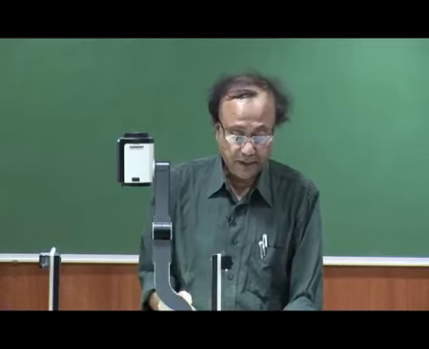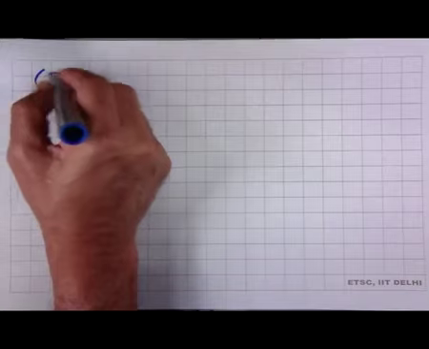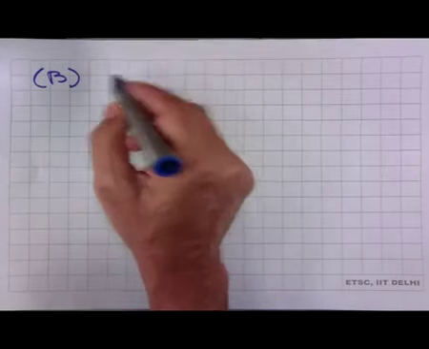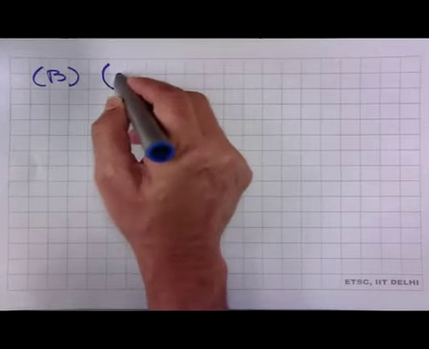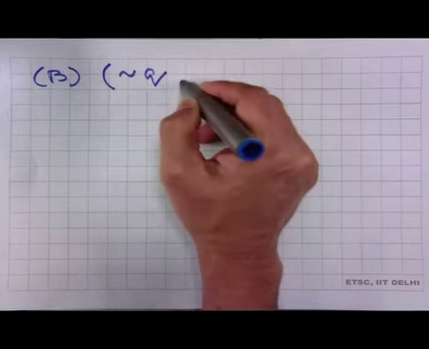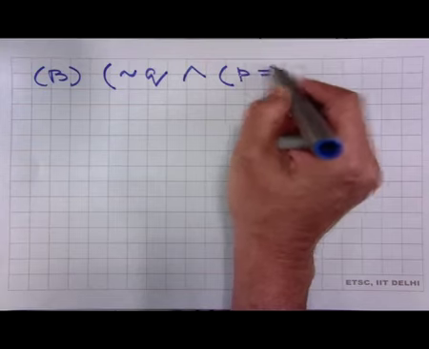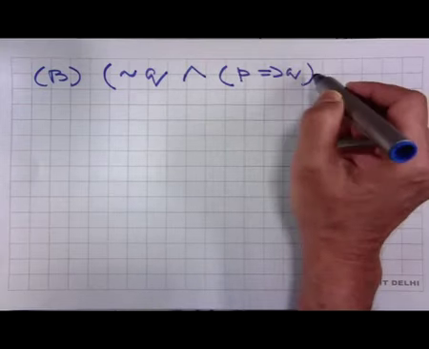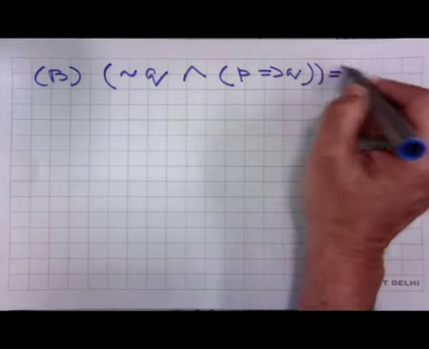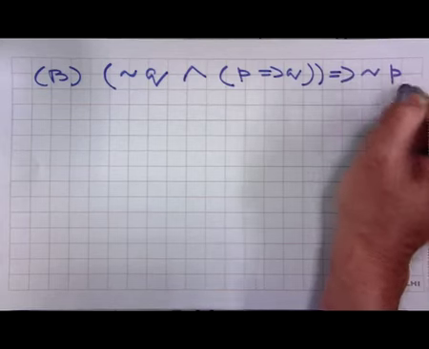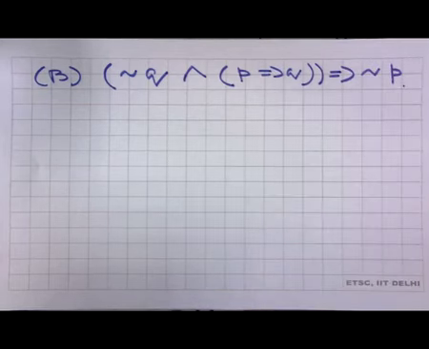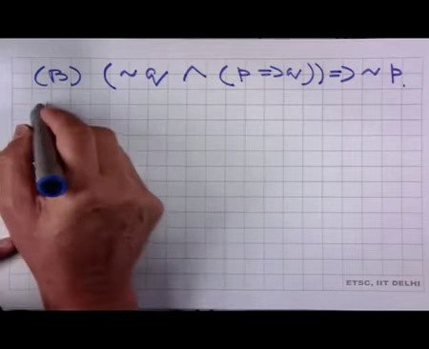What is the second problem? To check whether not Q and P implies Q implies not P is a tautology or not. So, as before, we will start like this.